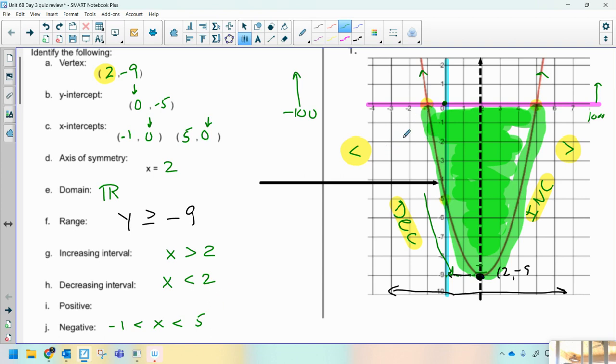So the negative interval is the hump here because it's below the line, and it's in between -1 and 5. Now the positive is going to be the others, but that's going to be separated. It's when x is less than -1 and when x is greater than 5.